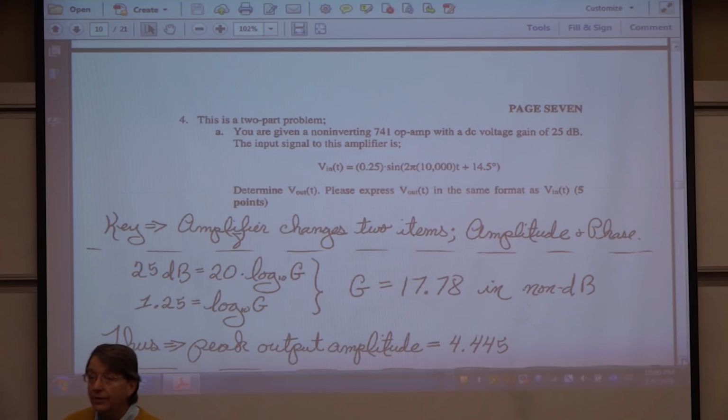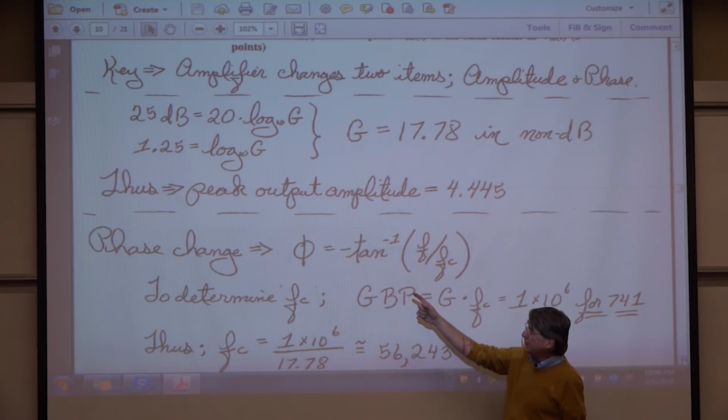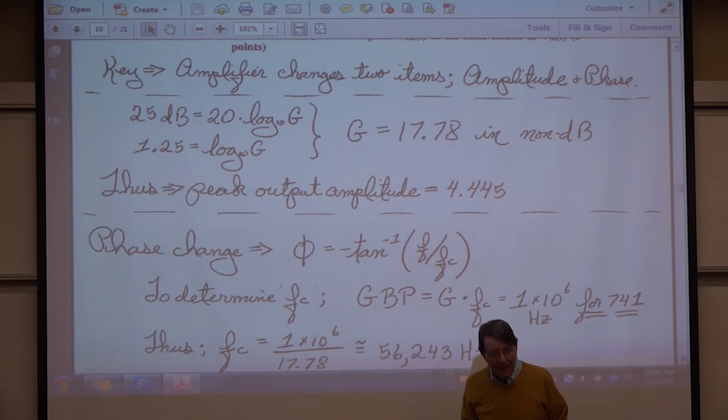Now next, I need to know the phase change. Am I doing okay on this? How do I get the phase change? I remember in our exciting lecture on op amps, we said phase change is minus the arctan, minus tan to the minus 1, of F over F sub C. And I say, this is great, I can do this.